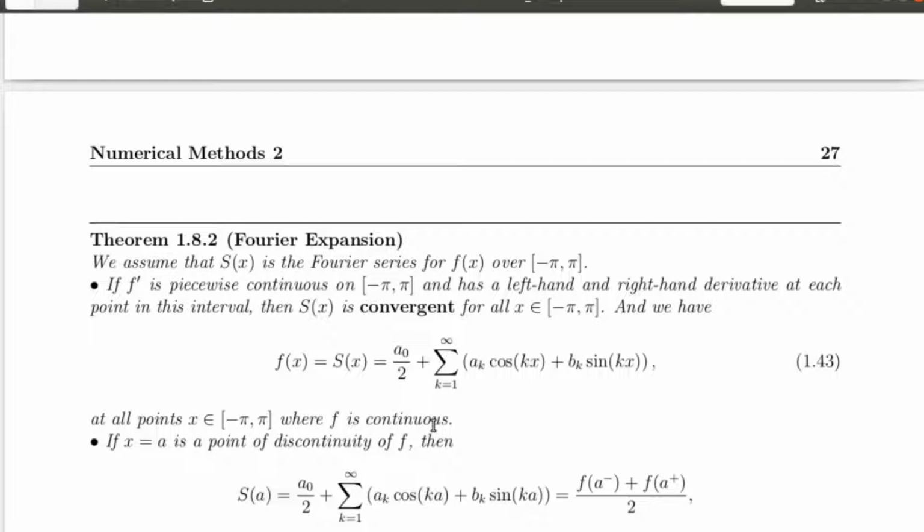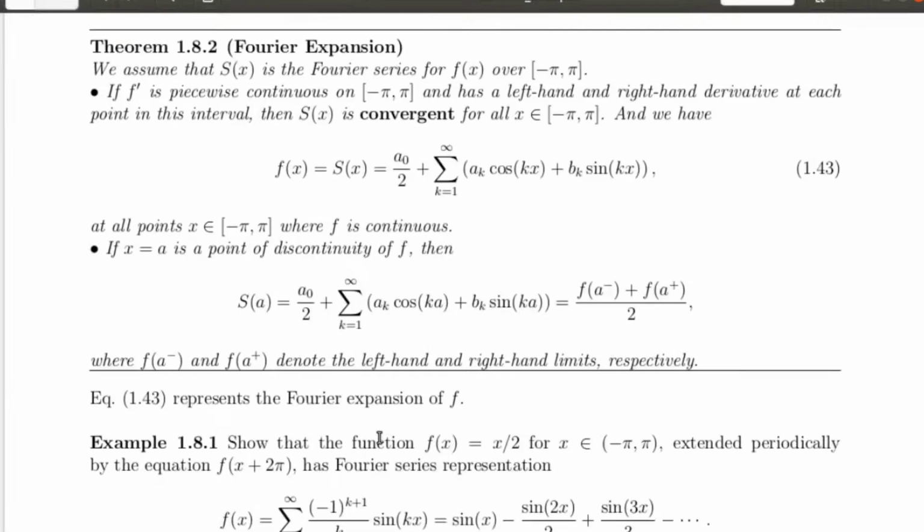And at those points of discontinuity, the series will converge towards the average of the left hand and the right hand limits, given by f of a minus and f of a plus, respectively.